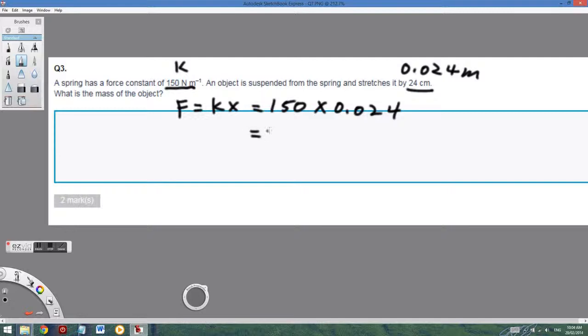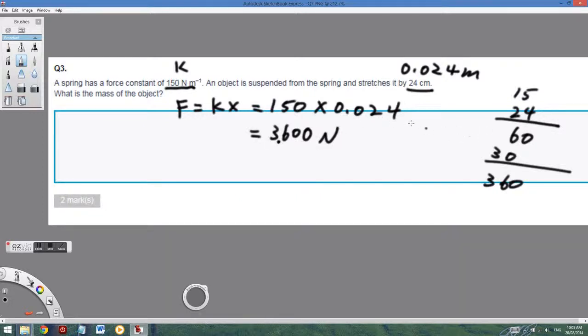Use your calculator. Well, let me do it by hand. 15, 24. Now we have 360. With three decimal places, 3.6 newtons.